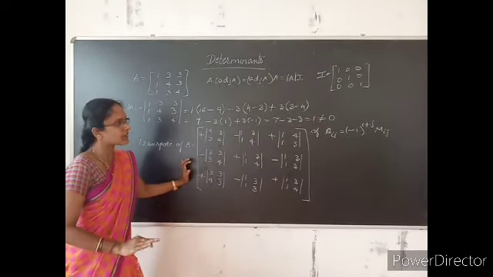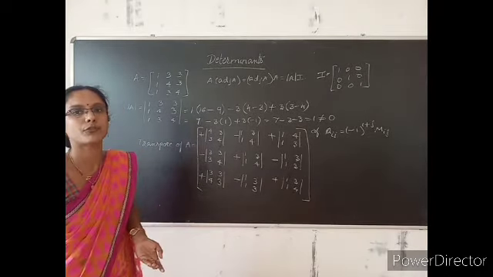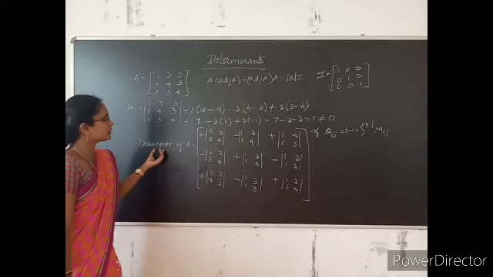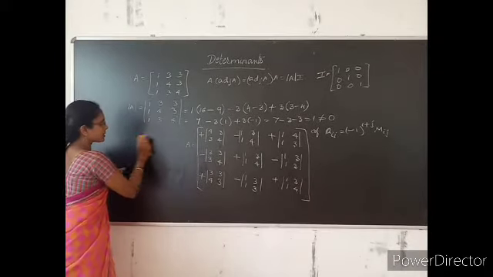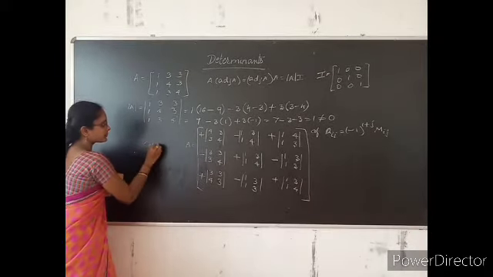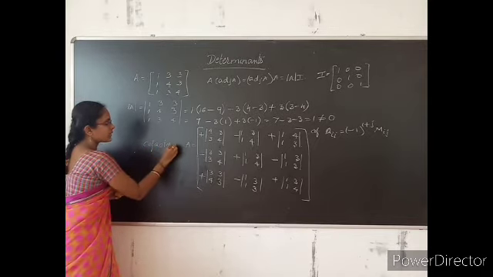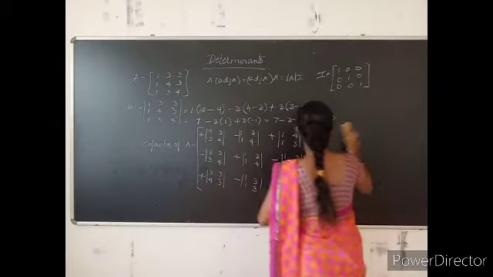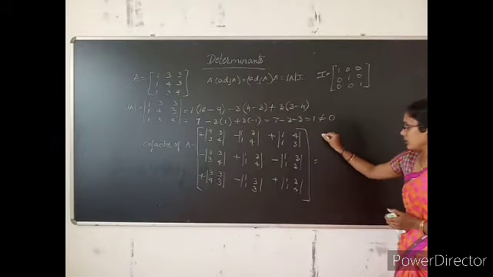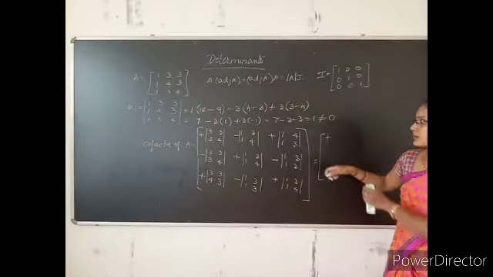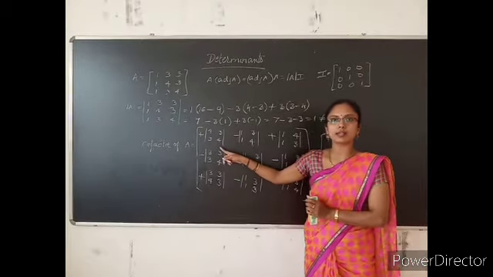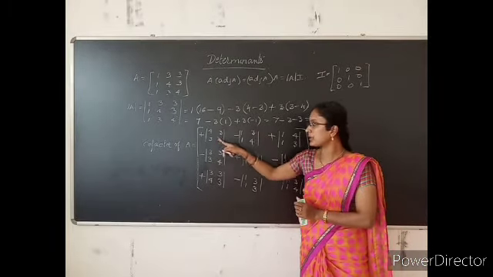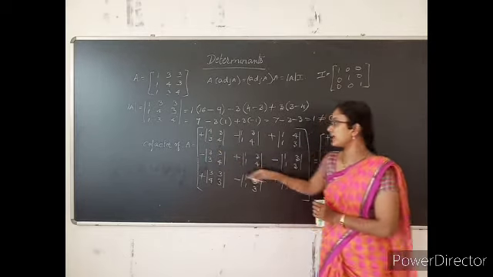Actually, by this method we can easily find the cofactor matrix, not the transpose matrix, sorry, the cofactor of the matrix A. Let's simplify this. You know how to simplify the 2 by 2 determinant: multiply the diagonal elements minus the non-diagonal elements.